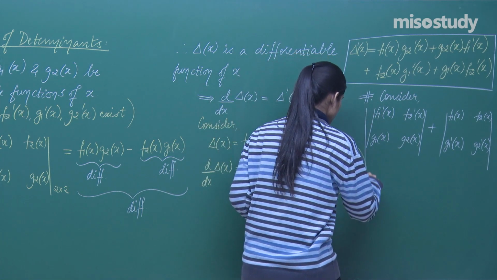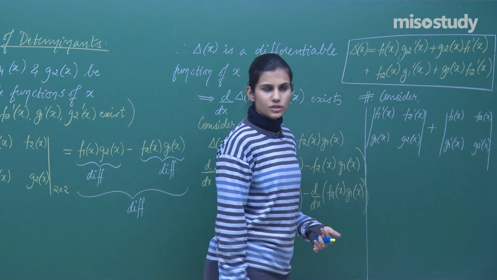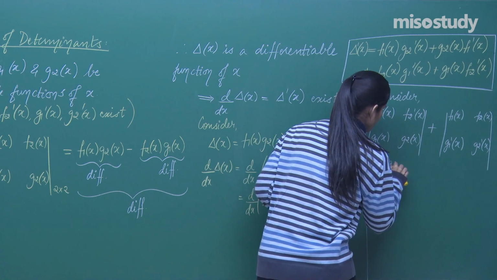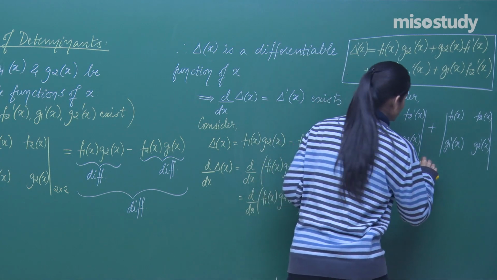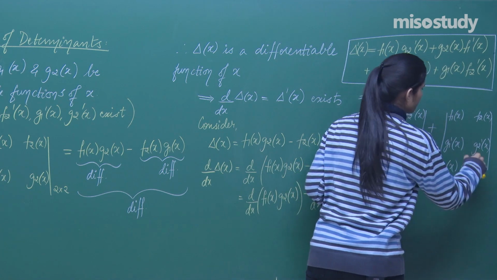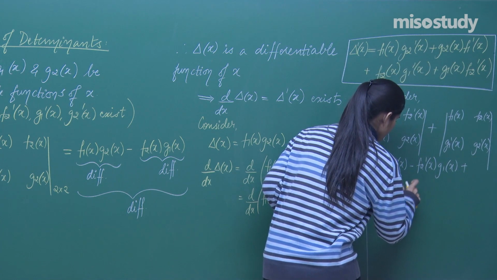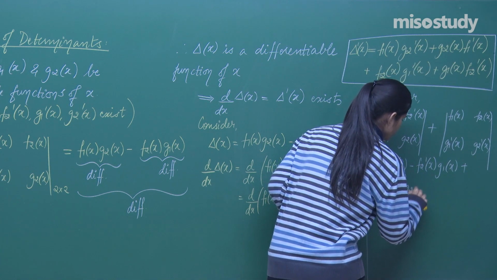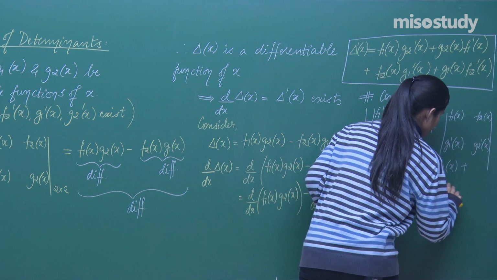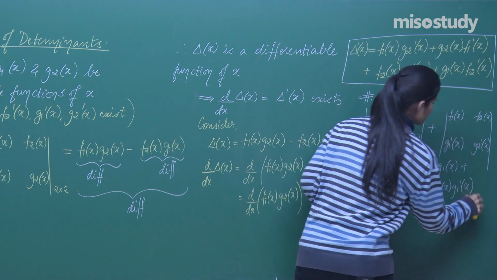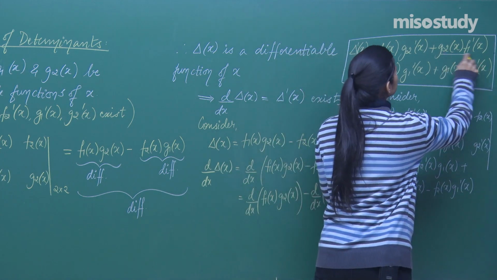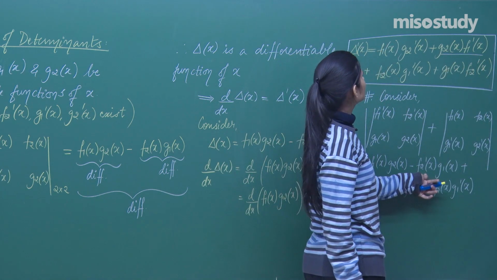If you resolve this, what do you get? F1 dash G2 minus F2 dash G1 plus F1 G2 dash minus F2 G1 dash. So you have F1 dash G2 minus F2 dash G1.